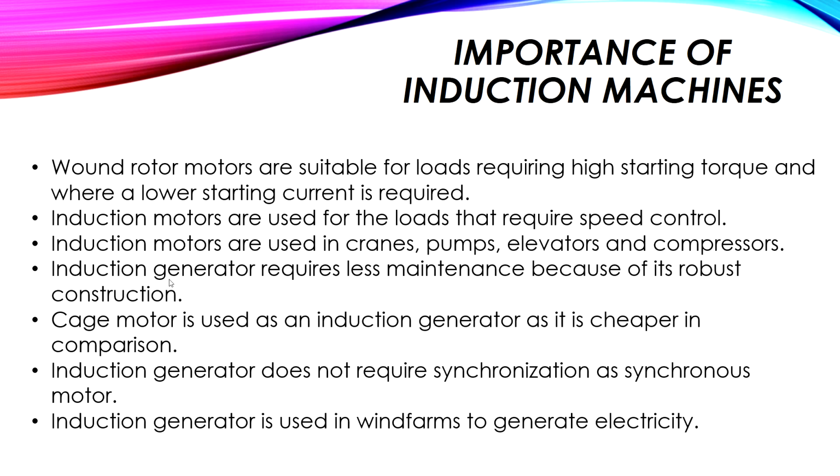Since the wind has a variable speed, we use the induction generator in order to produce an output voltage the same as the grid. But if we use a synchronous generator, it will produce a variable frequency output, which is of course not acceptable. That's why a variable speed source is used with an induction generator.